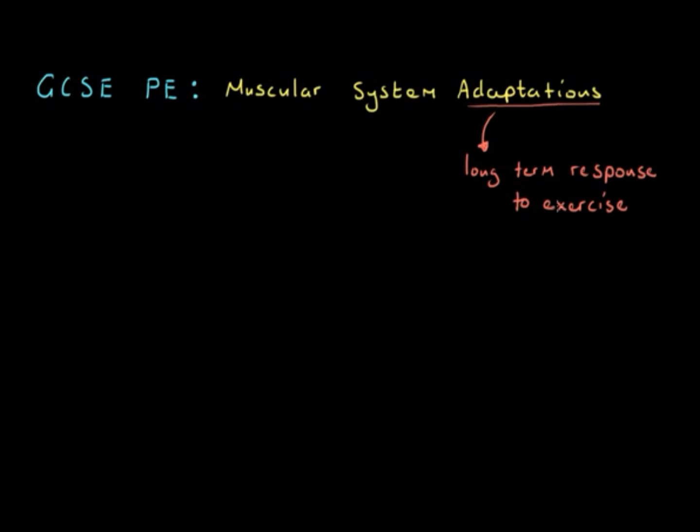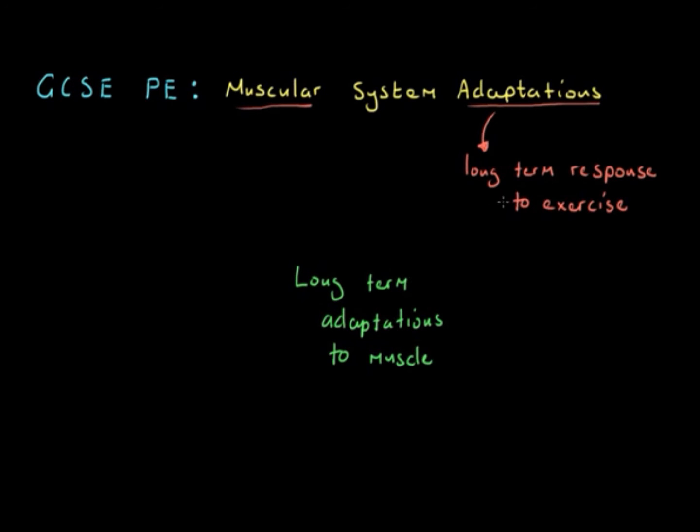So they're adaptations, or long-term responses. Remember, we are specifically looking in this video at the muscular system. There are other long-term adaptations to other body systems, however we are looking specifically today at long-term adaptations to the muscular system.